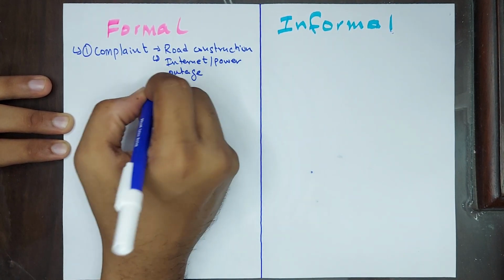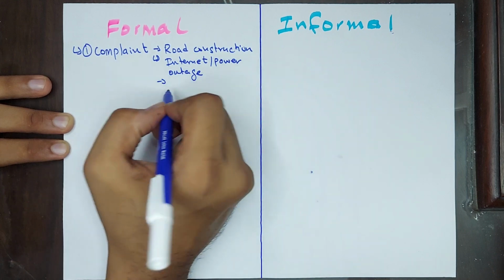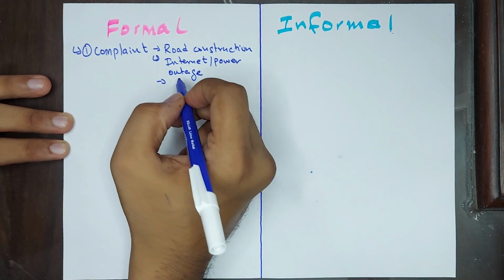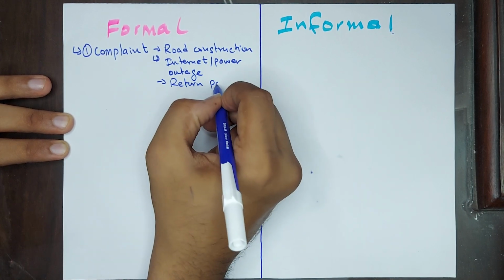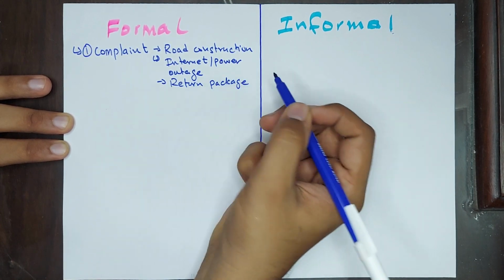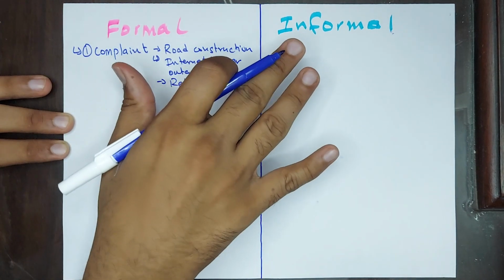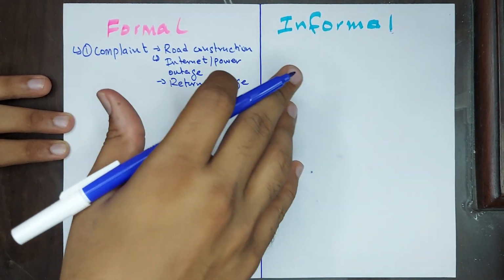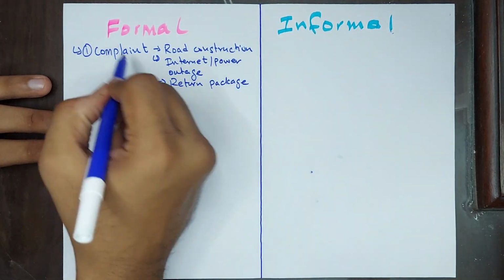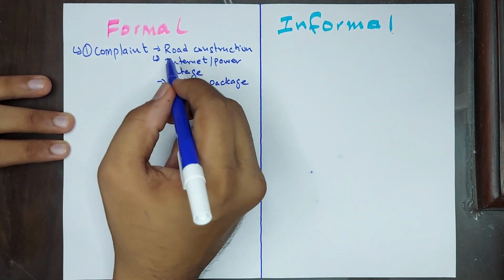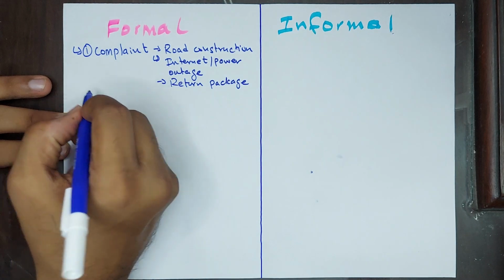Or let's suppose you want to return a package to the company, and you want either a refund, or you want it to be replaced with a new product, whatever it is. These types of complaints all come as part of your formal writing.